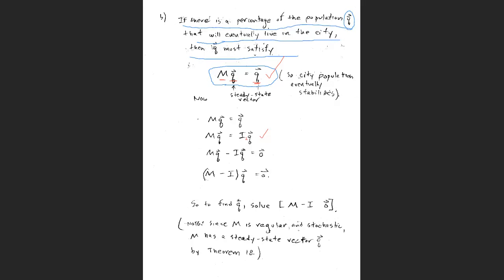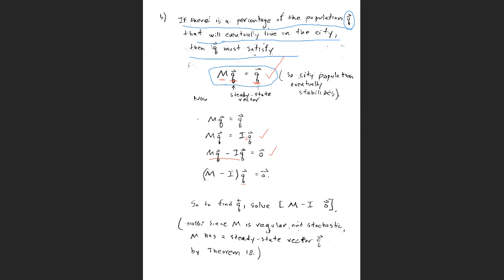Because I can then subtract IQ to the left side. Of course, I'll have a zero vector on the right side, and on the left side I'll have MQ minus IQ equals 0, and then I can factor out a Q.